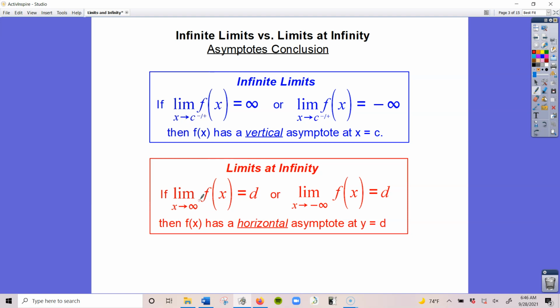So if you have one of these limits that equals a real number, then that means that we have a horizontal asymptote at y = that number. Last, it's important to note that in order to prove vertical or horizontal asymptotes, you don't need to state both limits, you just need to state one of these limits. As long as one of these limits is true, then we have a vertical or a horizontal asymptote.